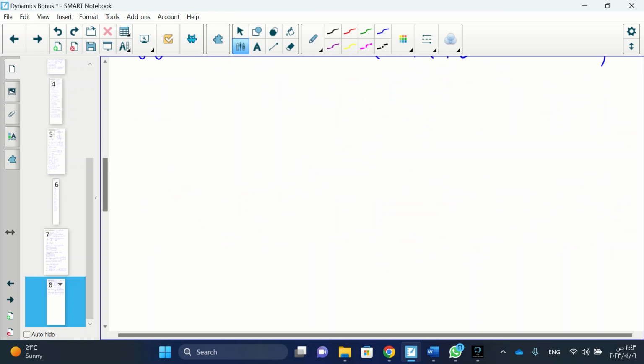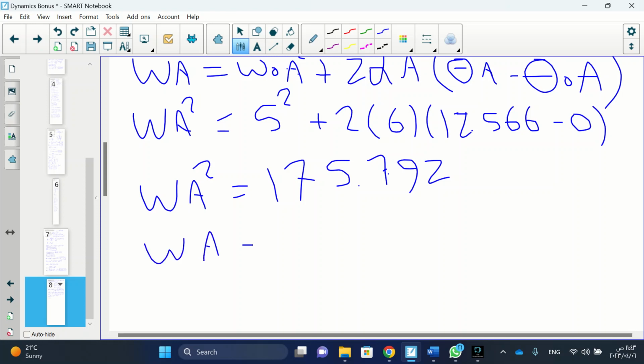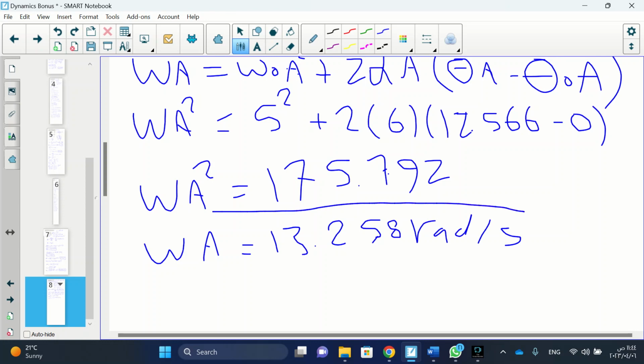So omega A squared will be 175.792. Omega A will be 13.258. I just took the square root of both sides. Don't forget the unit, it's rad per second. Okay, so we got omega A.